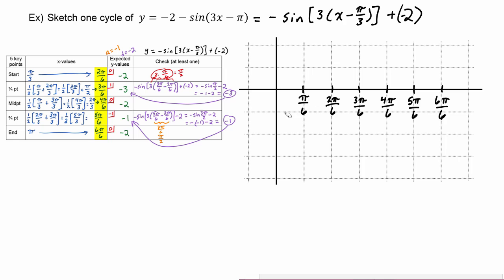Now notice we couldn't begin with 2 pi over 6, because if I put a 2 pi over 6 here and a 3 pi over 6 here, then my x scale would be inconsistent, because the distance from here to here would have been 2 pi over 6, but the distance from here to here would have been 1 pi over 6.